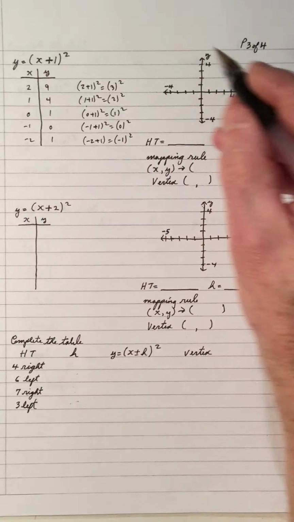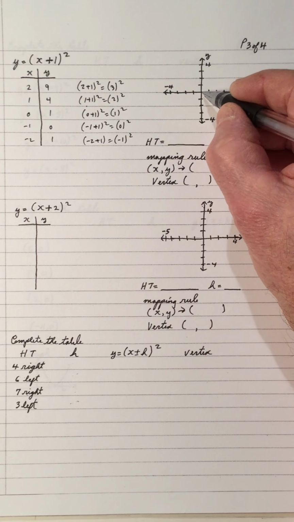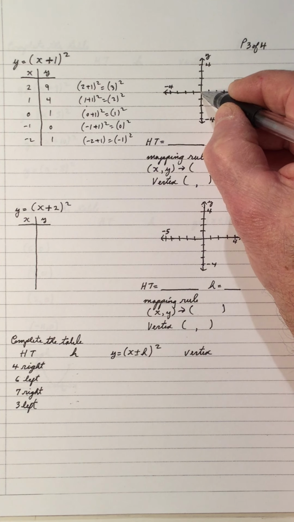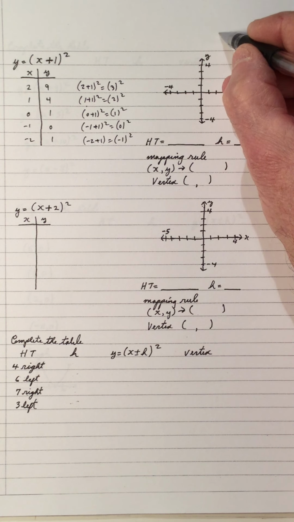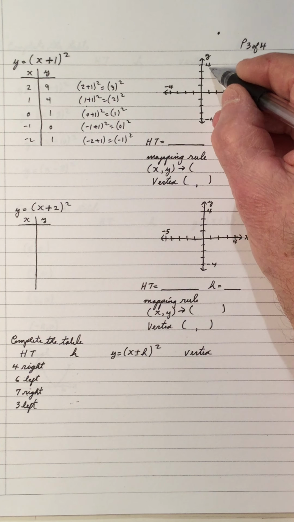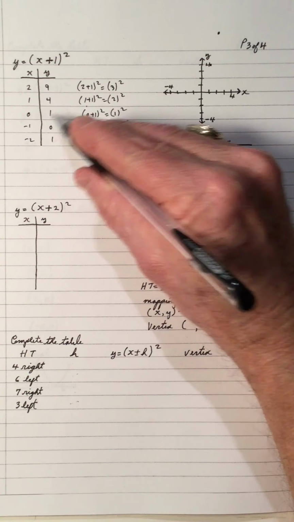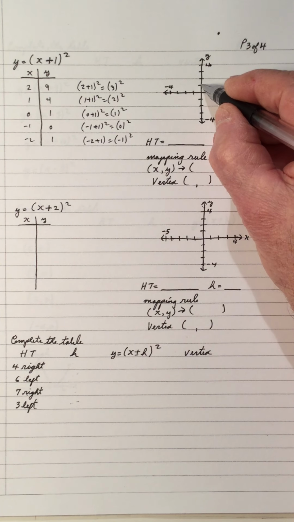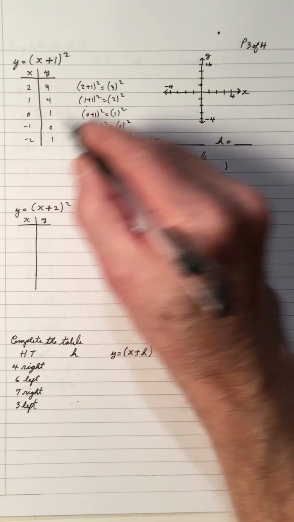And so we plot this. A 2 gives me a 9. So x is 2, y is 9. We'll take 9 to be up right here. Could go higher. X is 1, y is 4, which is right here. X is 0, y is 1. X is negative 1, y is 0.